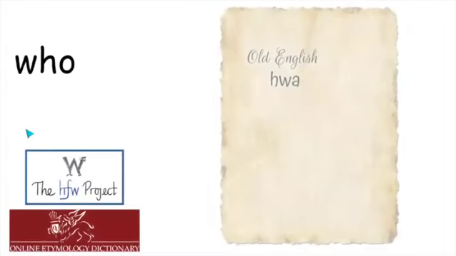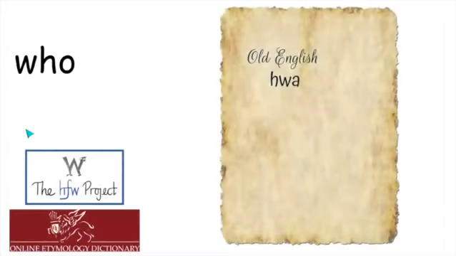If we go back to the Old English spelling of who, what do you notice? Well, I notice that the H and the W have switched spots. We know that the word who is part of a collection of question words that start with WH. Who, what, when, where, why.